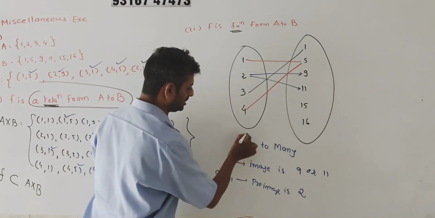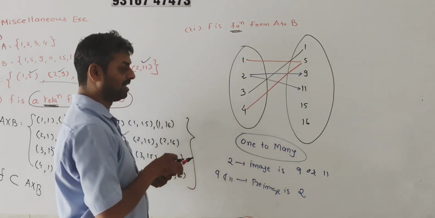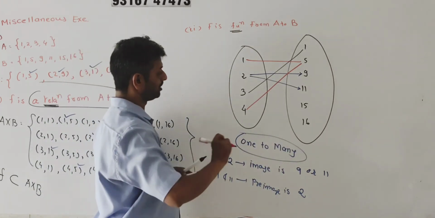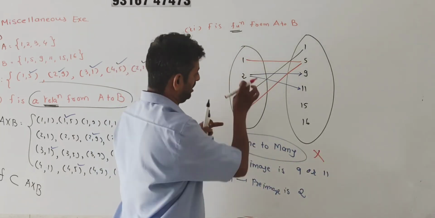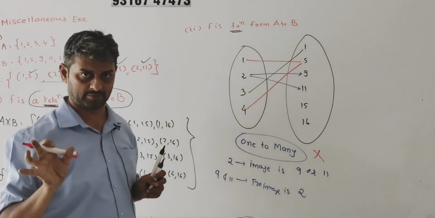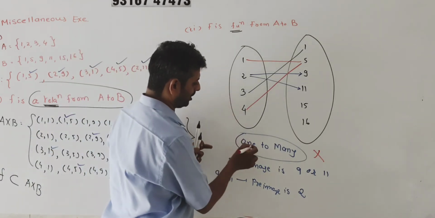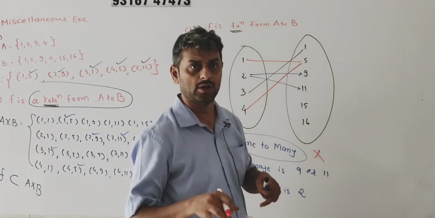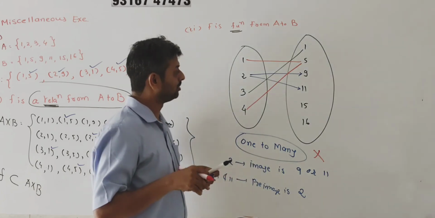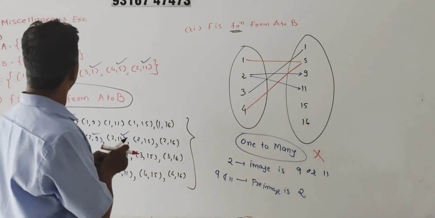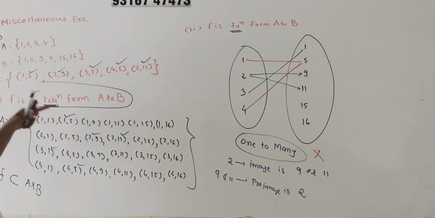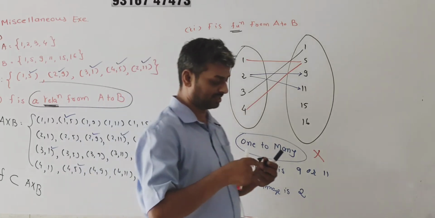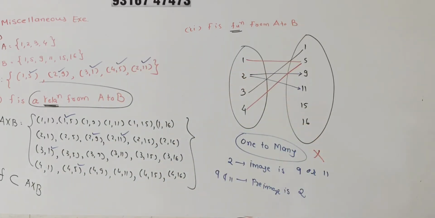When the function behaves one to many, then it is not a function. Many to one is okay, but one to many is not accepted as a function. So this is not a function, but it is a relation. Again I am saying it is not a function, but it is a relation. This is our 10th example. In this way we have finished.